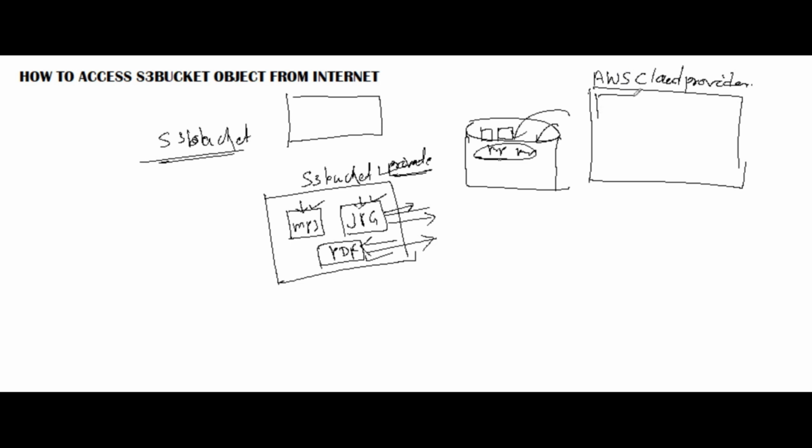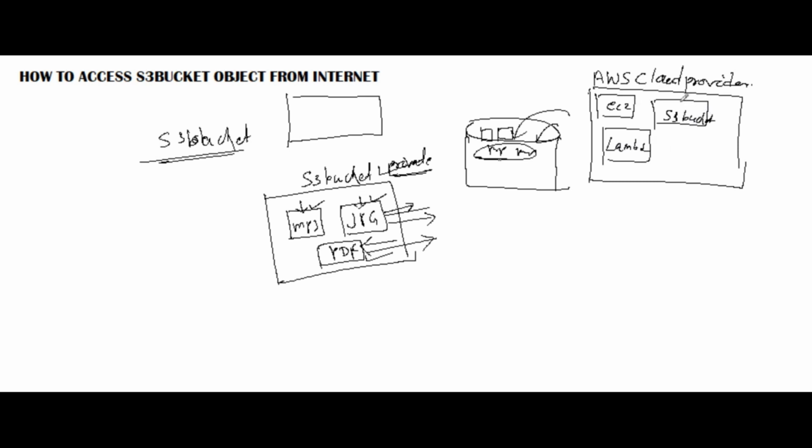In the AWS cloud provider there are lots of resources, like EC2, S3 bucket, Lambda function. All these are called AWS resources.